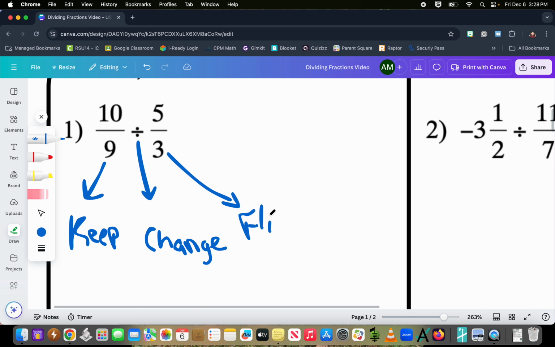Or simply put, K, C, F. So we're going to keep our first fraction the same, so 10 over 9. We're going to change the division sign to multiplication and flip, or multiply by the reciprocal of the last fraction.